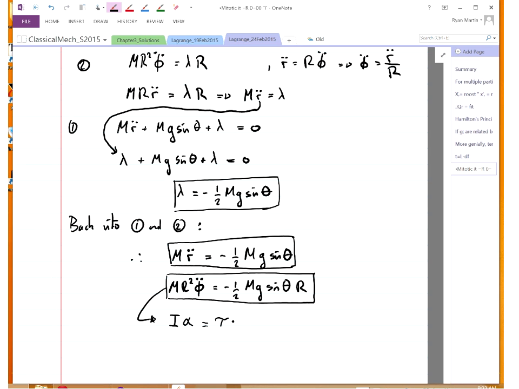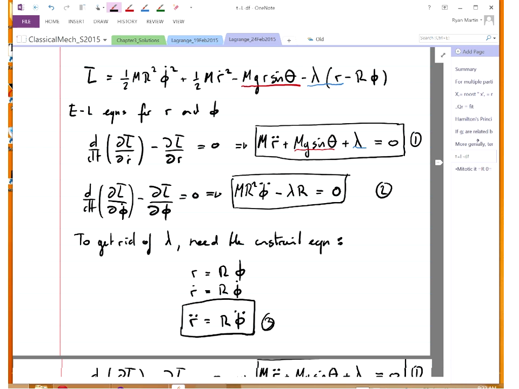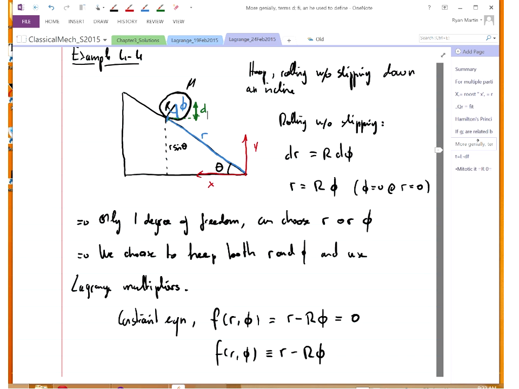So this is an obscure way to end up finding out that there must be some force. Remember, where did we start? When we looked at our hoop here, we never wrote down the forces. So we never really explained what makes the hoop turn, and if you were using Newton's second law, you would have to explain how the hoop turns.